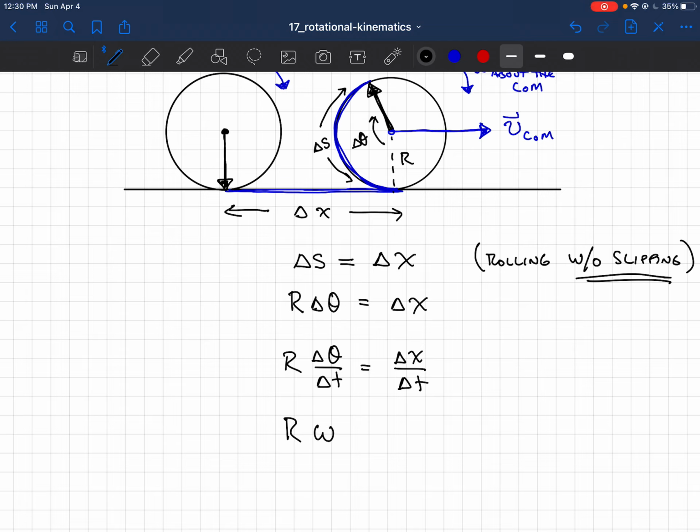So what do we find? We find that r times omega about center of mass is equal to v of center of mass.